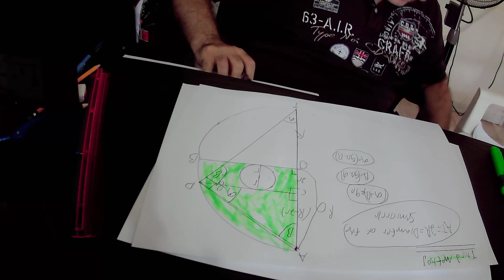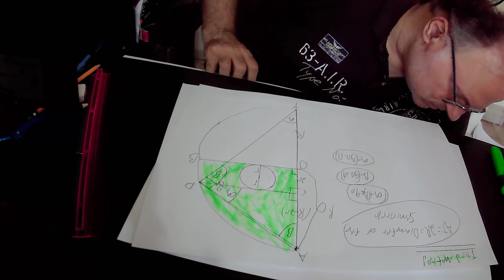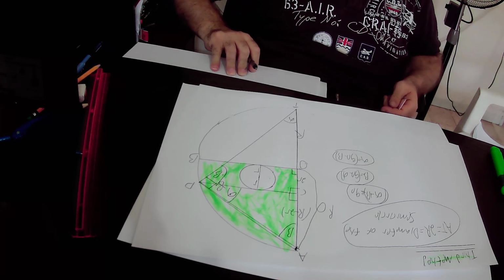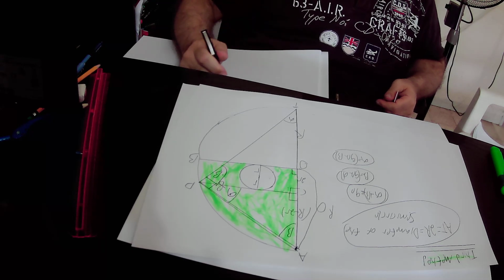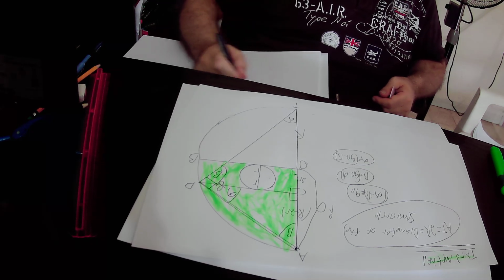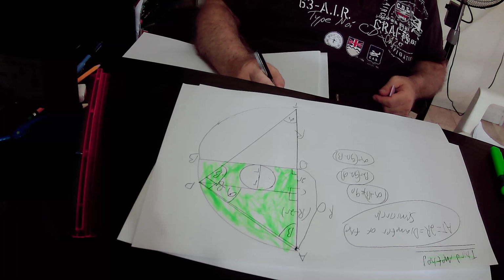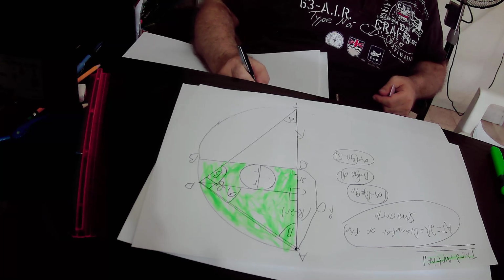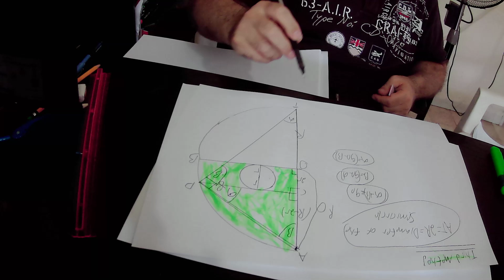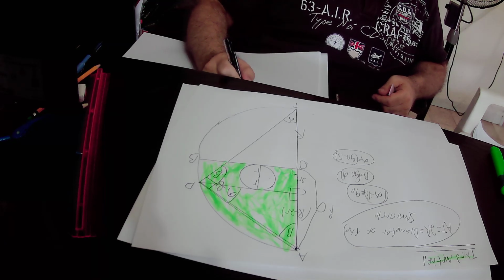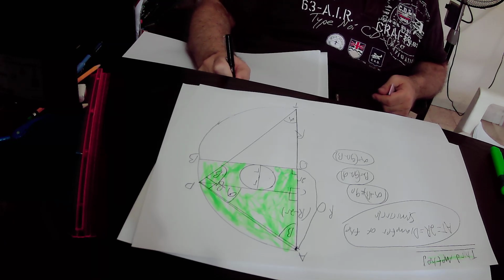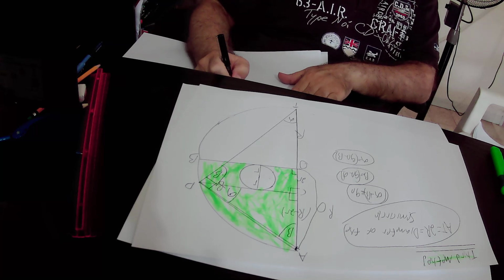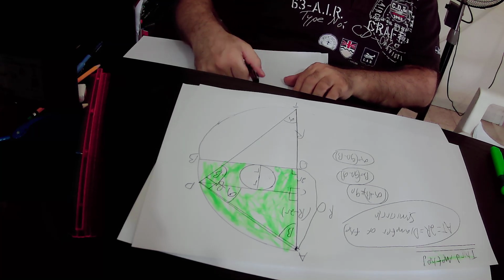We will prove that the right triangle ADC is similar to the right triangle CDT. So why are those two right triangles similar to each other?